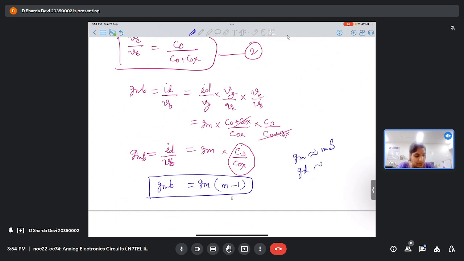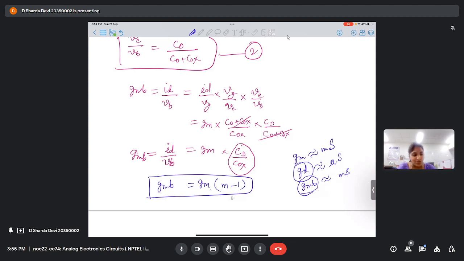GD we have close to a few microsiemens, okay? But if you look clearly, GMB is also in millisiemens, as it is GM times m minus 1. So we see the effect due to GMB is higher than GD. Can we see this clearly? Are you able to imagine this?